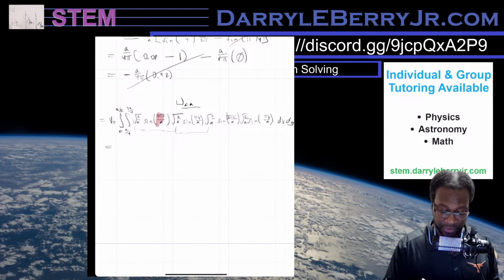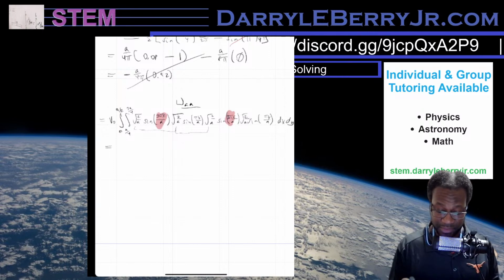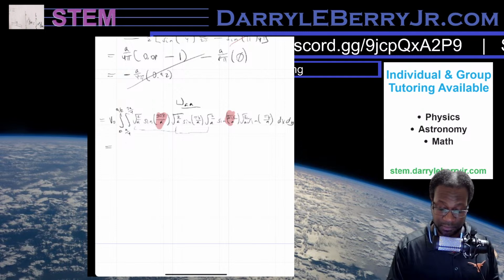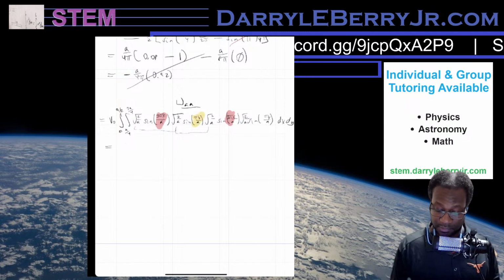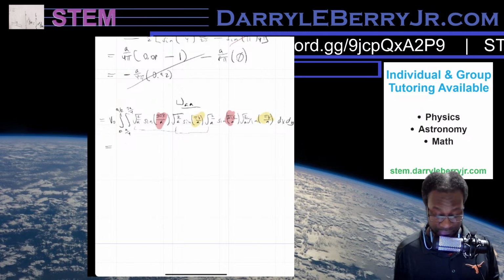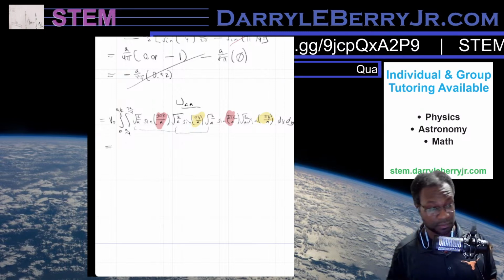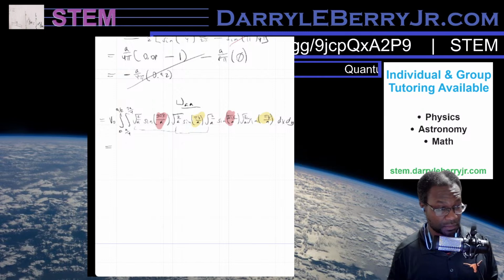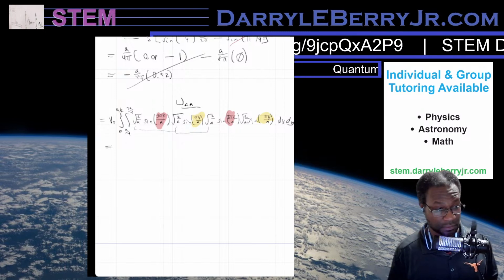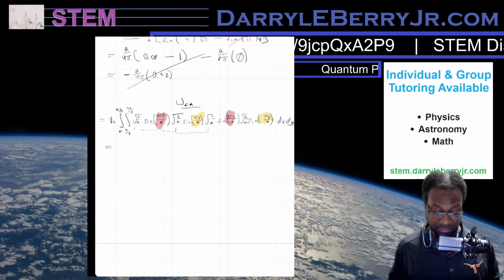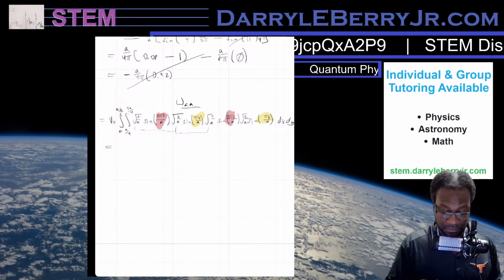We have both to the x, so they're the same. Actually, they won't be. We have 3 pi x squared. That came up to v over a.